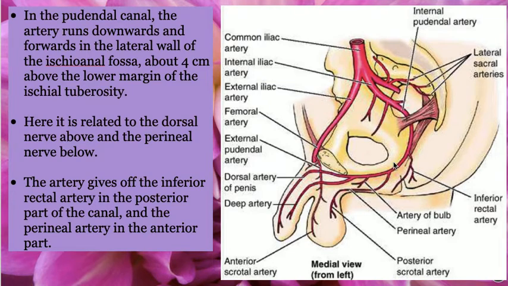In the pudendal canal, this artery runs downwards and forwards in the lateral wall of the ischial fossa about 4 cm above the lower margin of the ischial tuberosity, related to the dorsal nerve above and the perineal nerve below. The artery gives off the inferior rectal artery over here in the posterior part of the canal and the perineal artery in the anterior part.